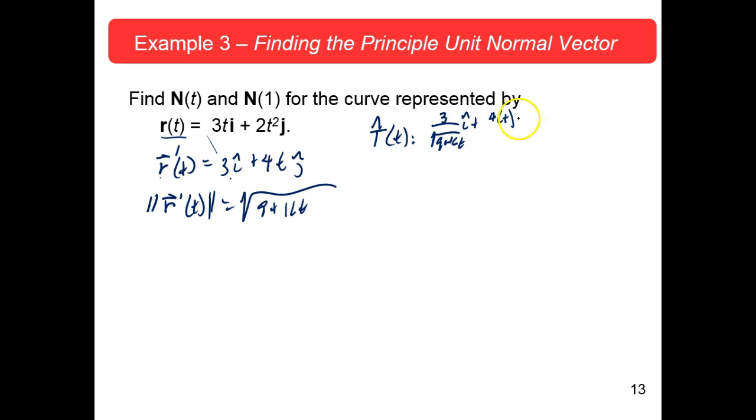Okay. 4t over the square root of 9 plus 16t squared, j.